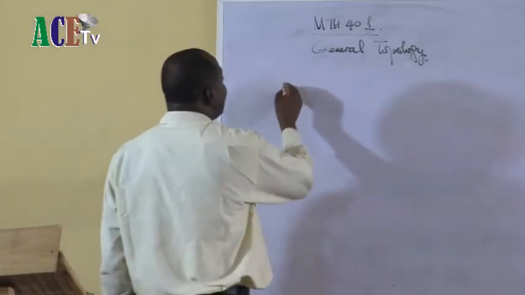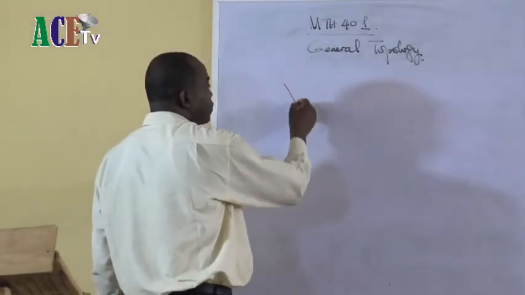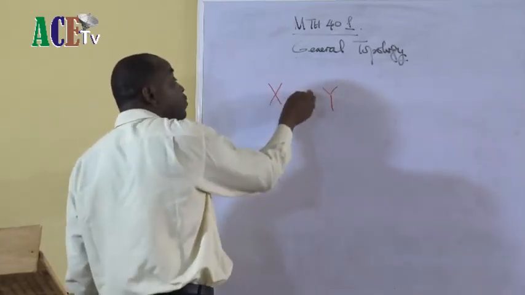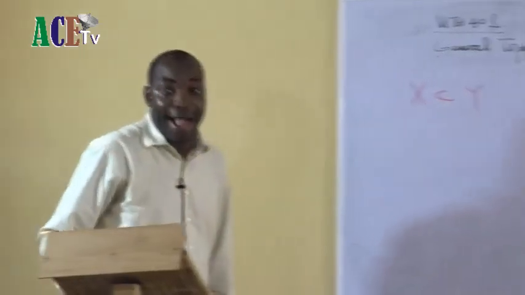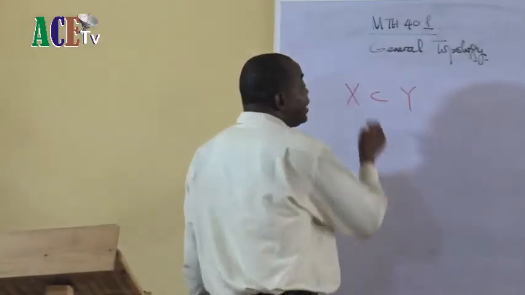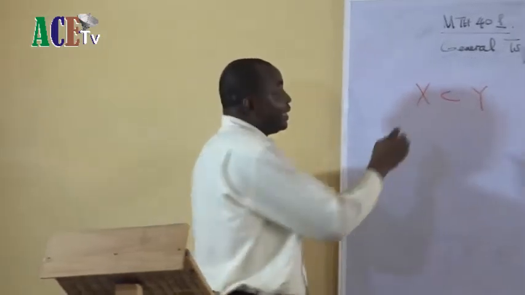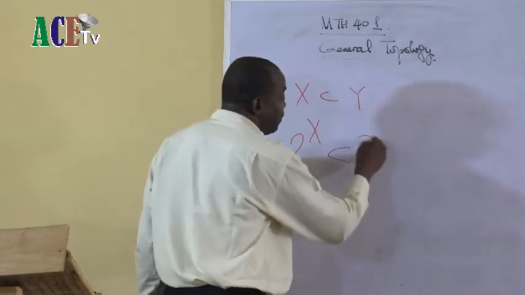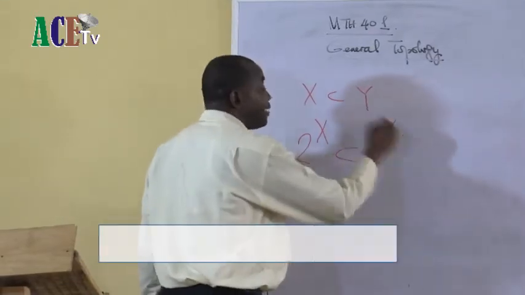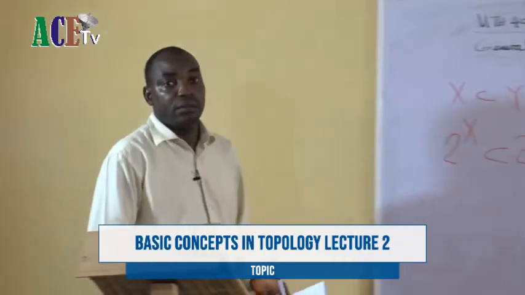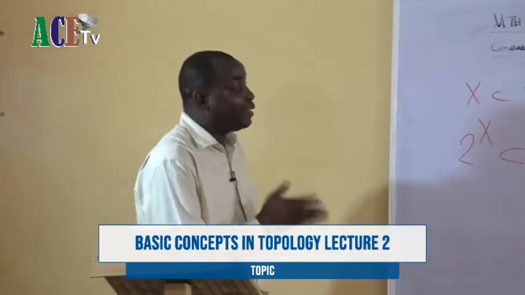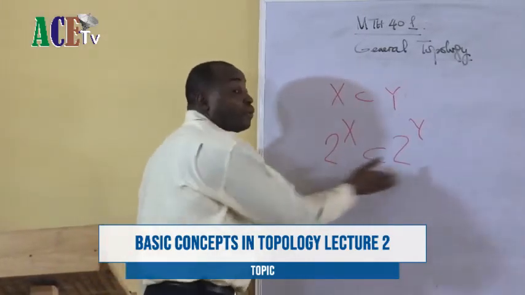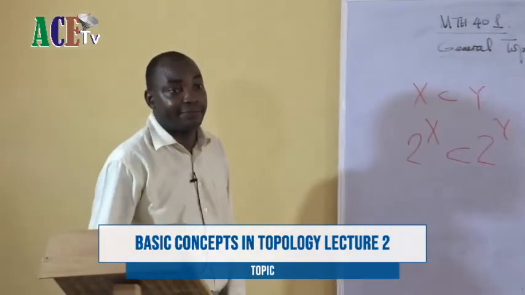As we can have two sets comparable, you can compare a set X and Y. You may decide to say, okay, X is a subset of Y. Don't forget, if X is a subset of Y, that means that the power set of X will also be a subset of the power set of Y. You can compare two sets. You can as well compare the power sets.